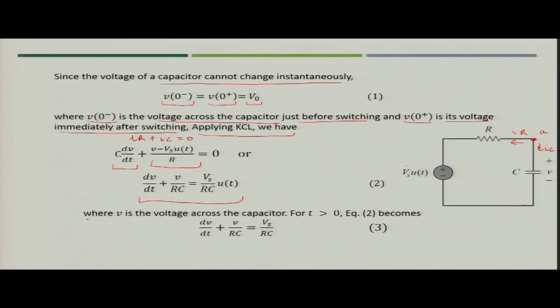Now, when V is the voltage across the capacitor, for t greater than 0, you can simply say that equation 2 can be represented as dV by dt plus V by RC equal to Vs by RC, because at time t greater than 0, the value of the unit step function will become 1.